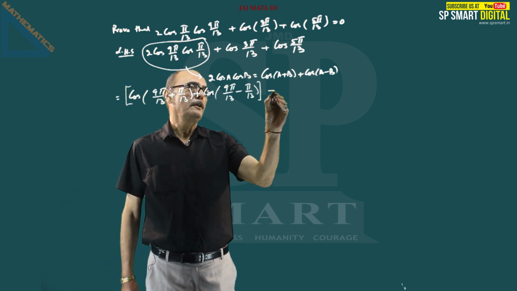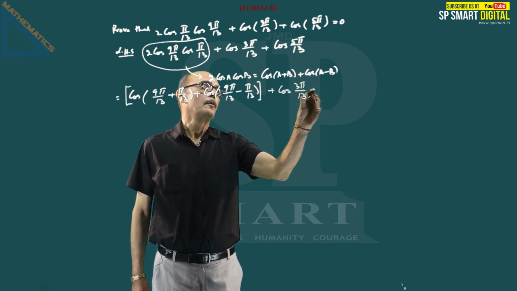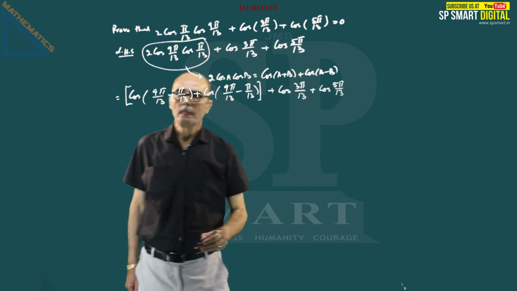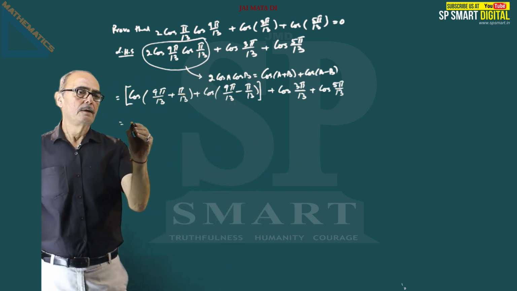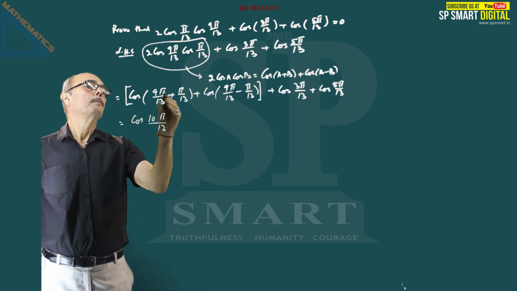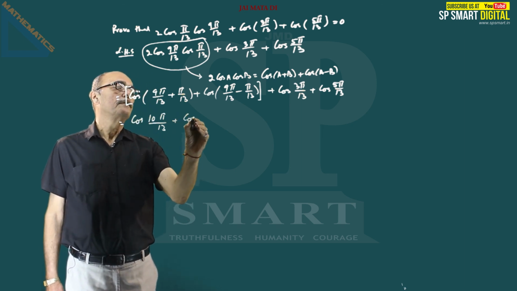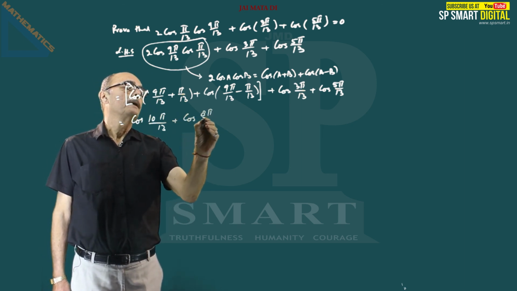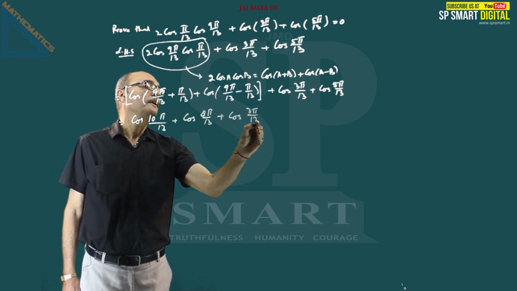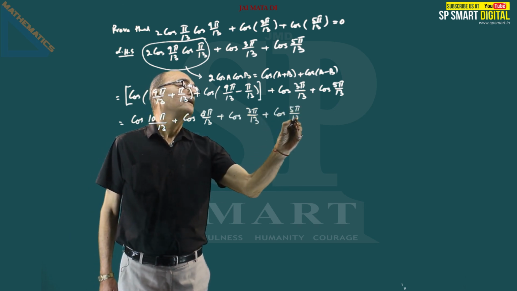Keeping these two terms as they are. Now, I can write down this as cos of 10 pi by 13, plus cos of 8 pi by 13 plus cos of 3 pi by 13 plus cos of 5 pi by 13.